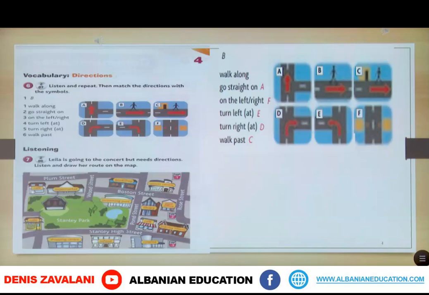So Layla is going to the concert, but she needs directions. Sophie is going to give her directions, and you are going to try to draw her route on the map. Look at the map. You have the streets and the objects there. So listen to it and try to draw the route on the map as she explains.